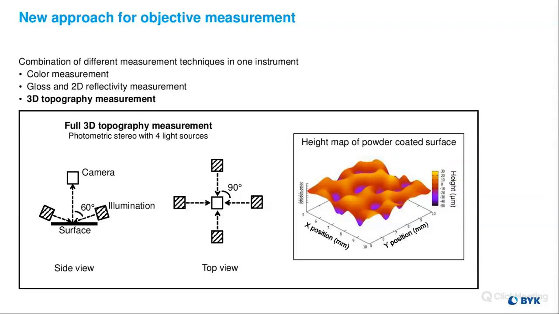You can see that it's a powder-coated surface, and it's color-coded, which means that the purple areas represent the valleys at around negative 50 microns, whereas the orange color represents peaks at around 30 microns. Around 0 microns, we have the average height of all the points. So that's a nice 3D topography graph, and it's very nice for comparing the different surface types that you have.